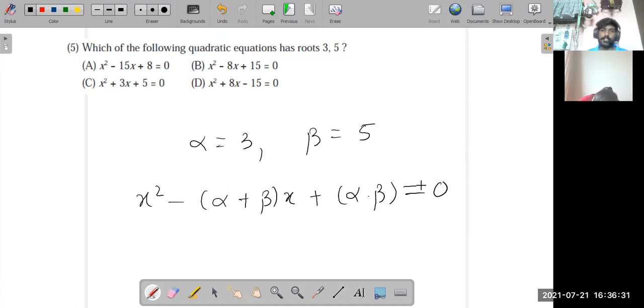Be careful with the signs also, okay? Because the options are a little bit confusing.